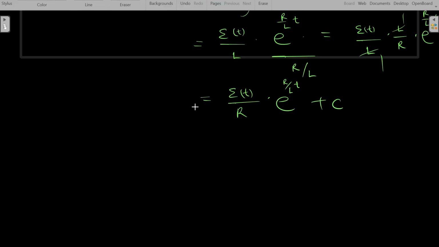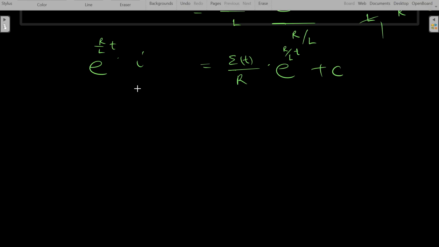So this should equal e raised to r upon l t multiplied by I. So for me to solve for I, I'll divide by e raised to r all over l t. This whole expression again, divide it by e raised to r upon l t.